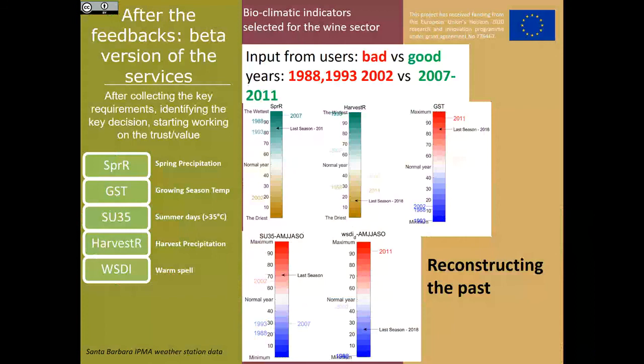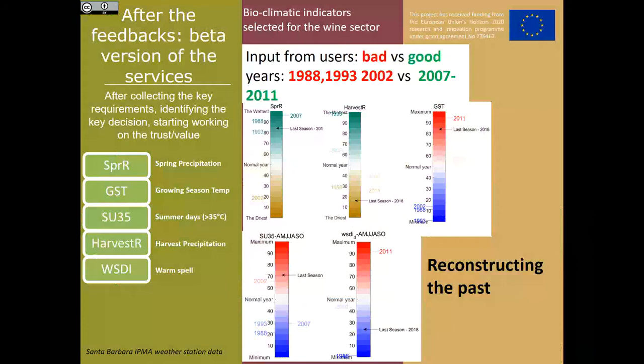So for example, if you look at the color bar of the spring precipitation, you can see that 1988 and 1993 exhibit a very high spring precipitation, above the 80th percentile, while the other bad year, on the other hand, shows a very low spring precipitation.